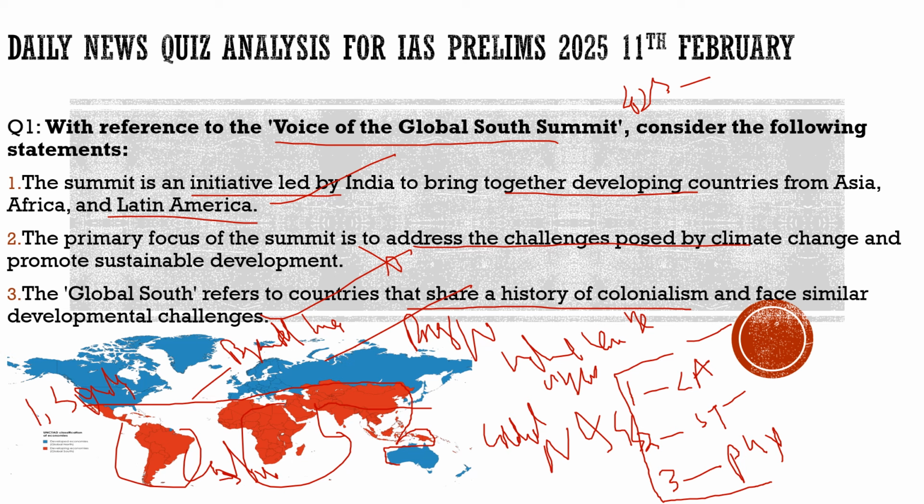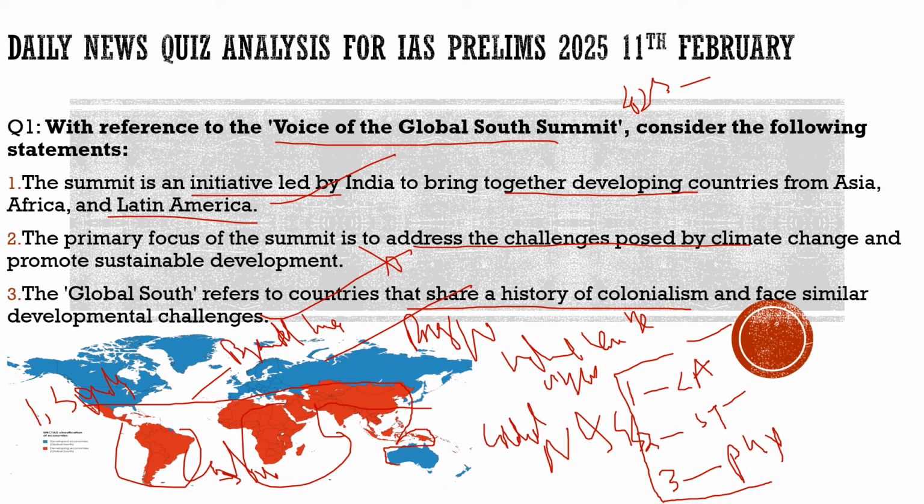Also how India helped the African Union get inducted into the G20, how through the Voice of the Global South Summit India is highlighting their issues, and how, when India got independence, India led another group, the non-alignment movement, which showed India's leadership qualities. So with this, I hope you had got the basic understanding.